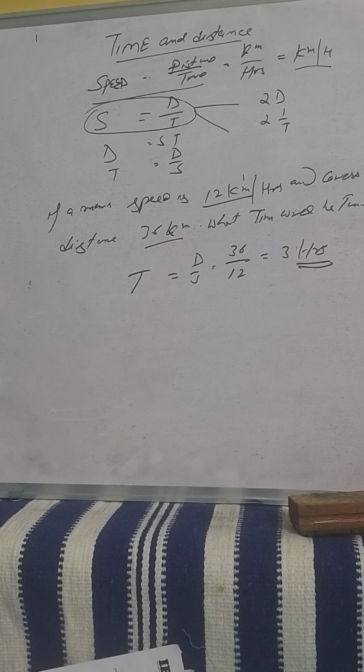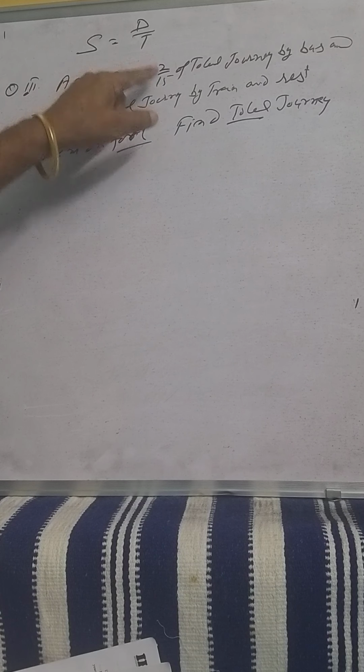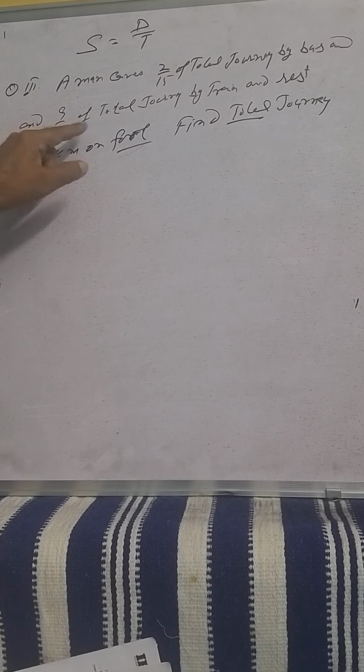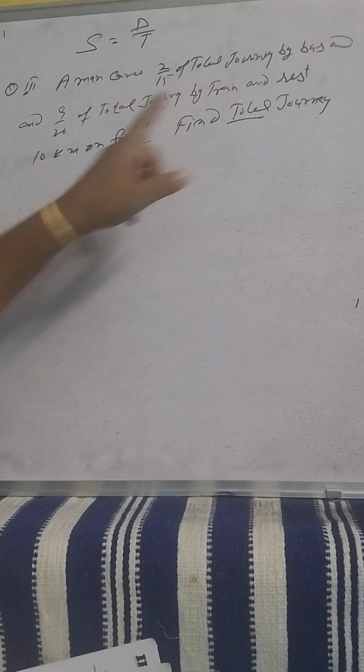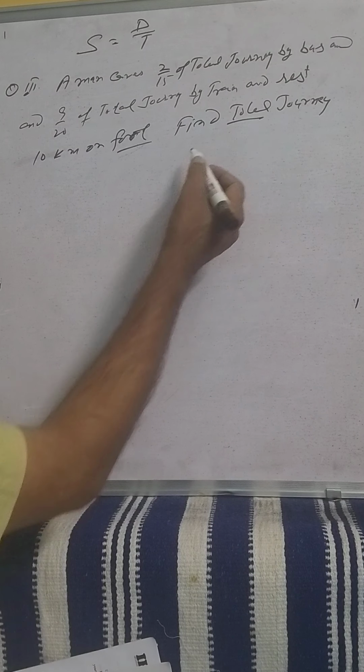Now we take another question. Friends, in this question, a man covers 2/5 of the total journey by bus and 9/20 of the total journey by train, and the rest, 10 kilometers, by foot. We have to find the total journey.